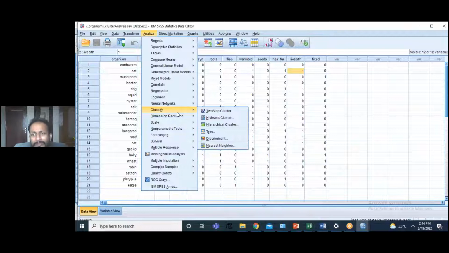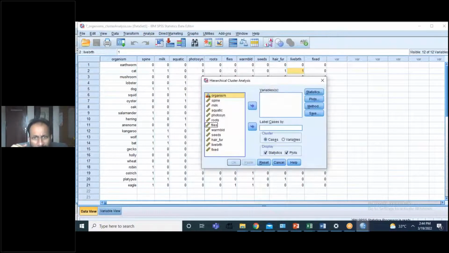There are different types of cluster analysis. In this session, because of time constraint, I'm going to discuss only two types: hierarchical cluster and k-means cluster. First I go for hierarchical cluster, through which I will figure out how many clusters I can have.